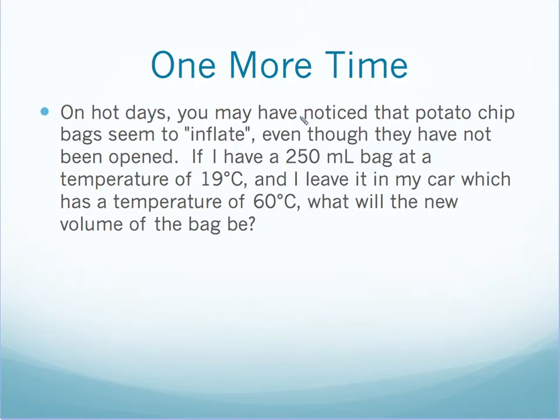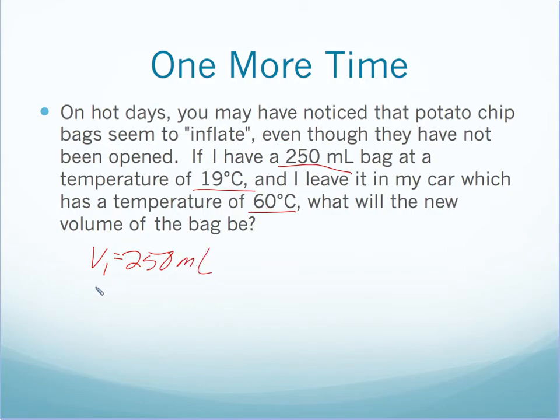So on hot days, you may have noticed that potato chip bags seem to inflate even though they may not have been open. If I have a 250 milliliter bag at a temperature of 19 degrees Celsius and I leave it in my car, which has a temperature of 60 degrees Celsius, what will the new volume of the bag be? And so things that we know, I have a V1, I have 250 milliliters.